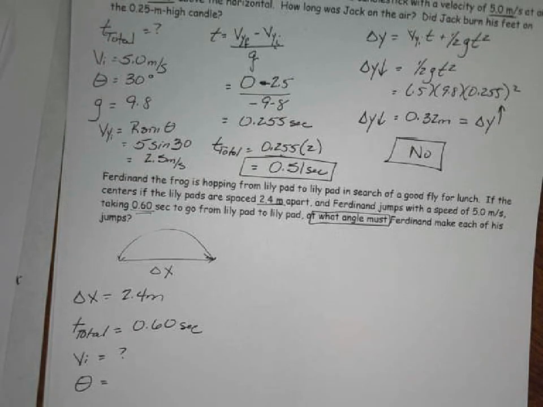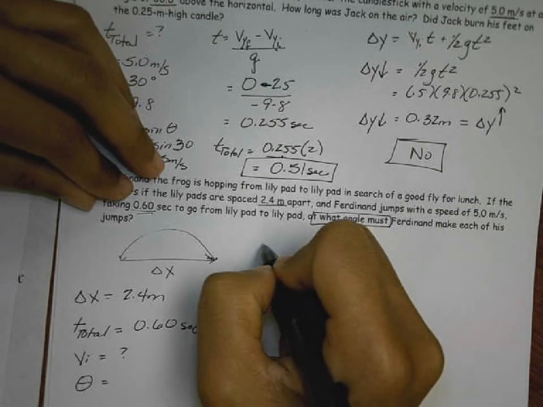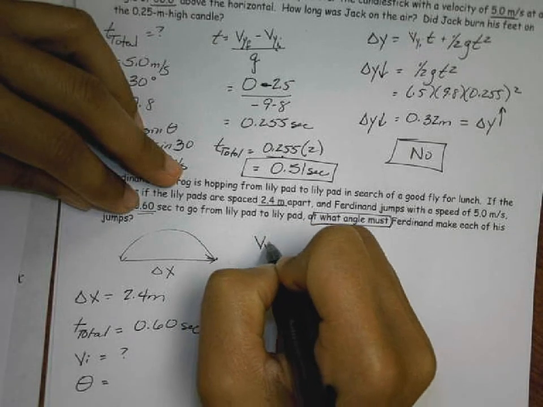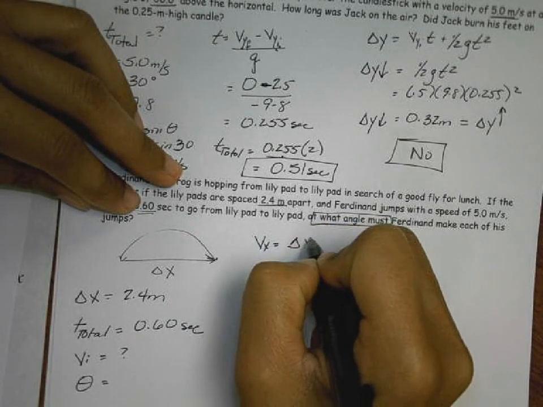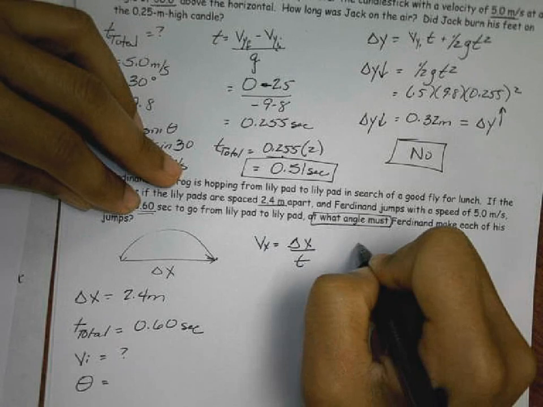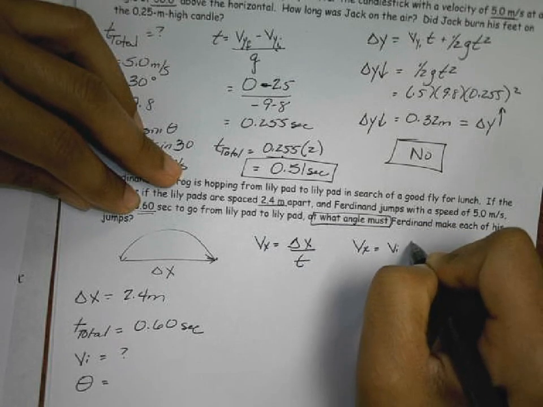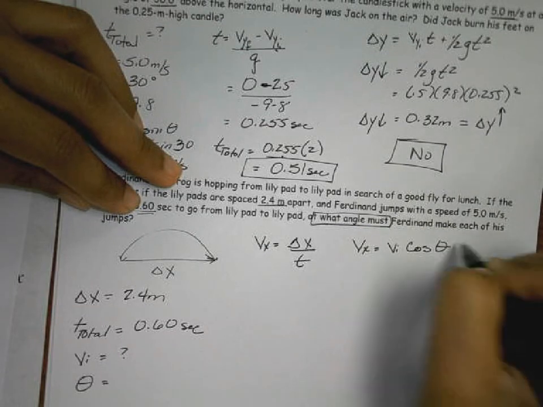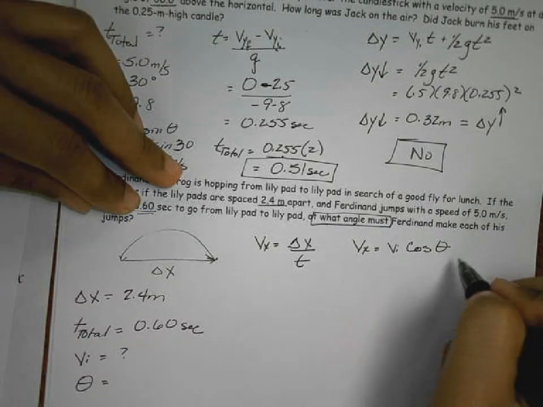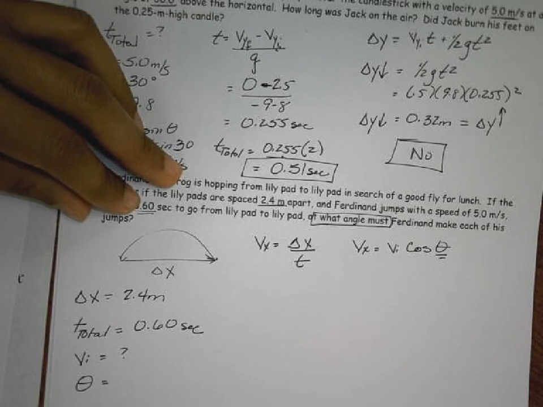So why don't we turn to our equations for the x-axis? And there's really two. There is velocity on the x is equal to delta x over t. And then you have velocity on the x is equal to the initial velocity cosine theta. I have those two. Now with those two, I can work my way to theta.